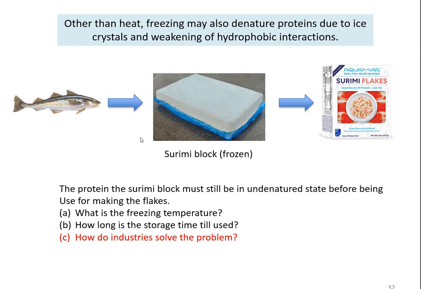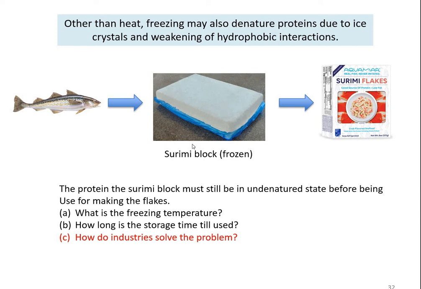So it's a big industry, this pollock fish. Tons and tons of pollock fish were converted into these surimi blocks. This is essentially fish protein here being frozen.